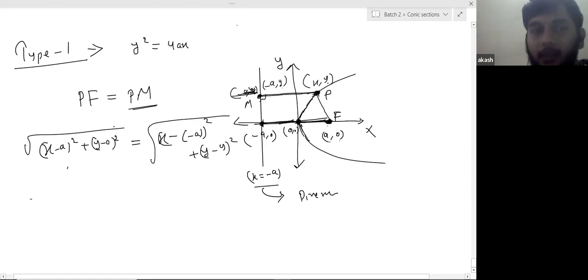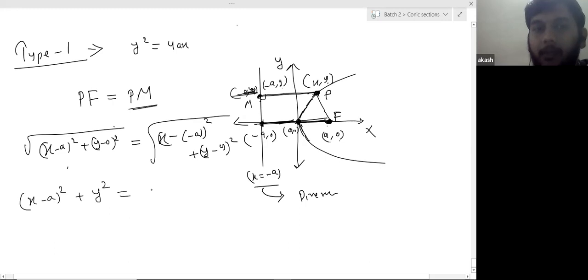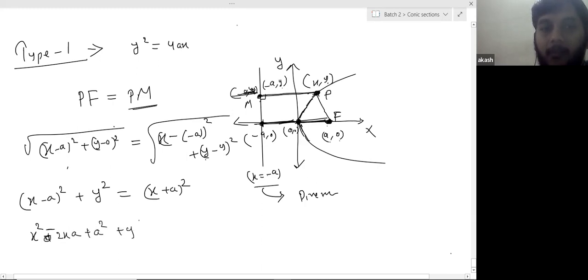So x minus a whole square plus y square equals this, x plus a whole square, y minus y is 0. All right, let's simplify. x square minus 2xa plus a square plus y square equals x square plus a square plus 2ax.